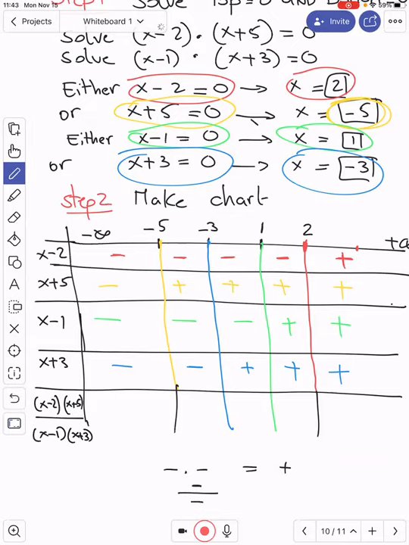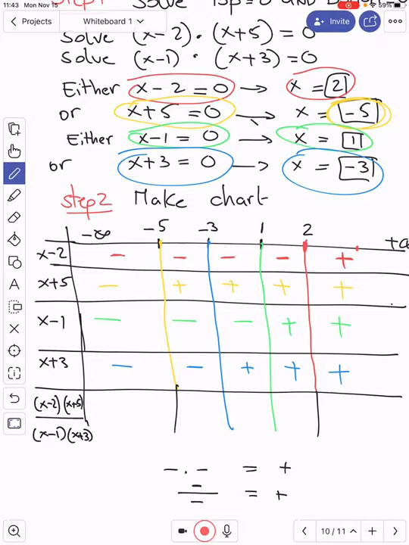Negative over negative is also positive. So when you multiply the signs, it's the same thing as when you divide the signs. So here, you don't really have to divide the signs. It's just multiply because it's the same thing.